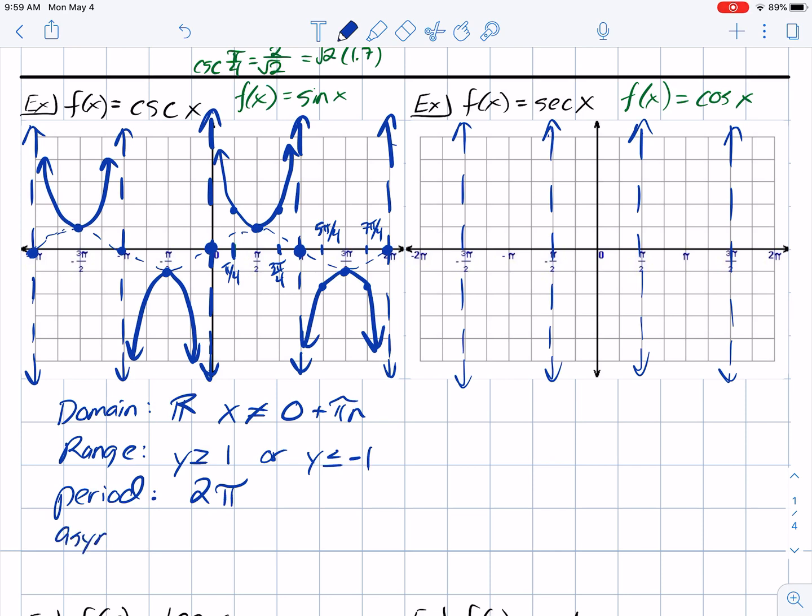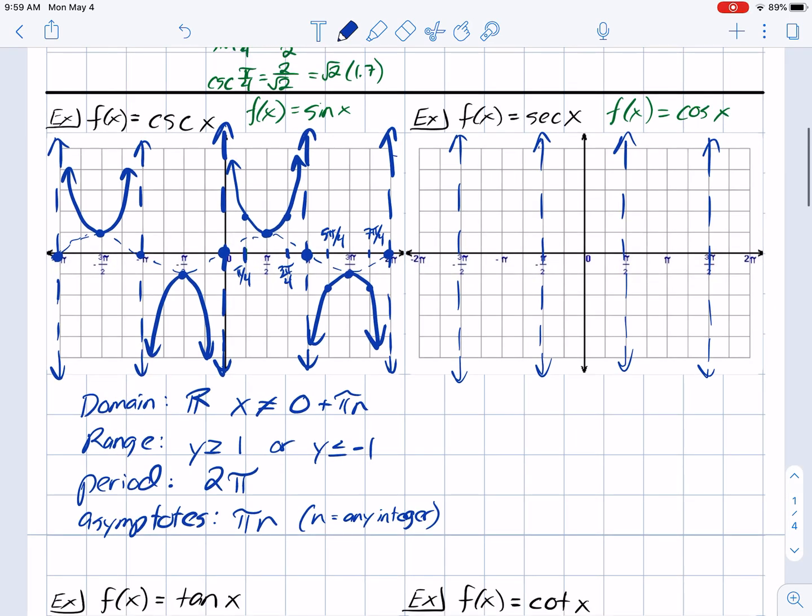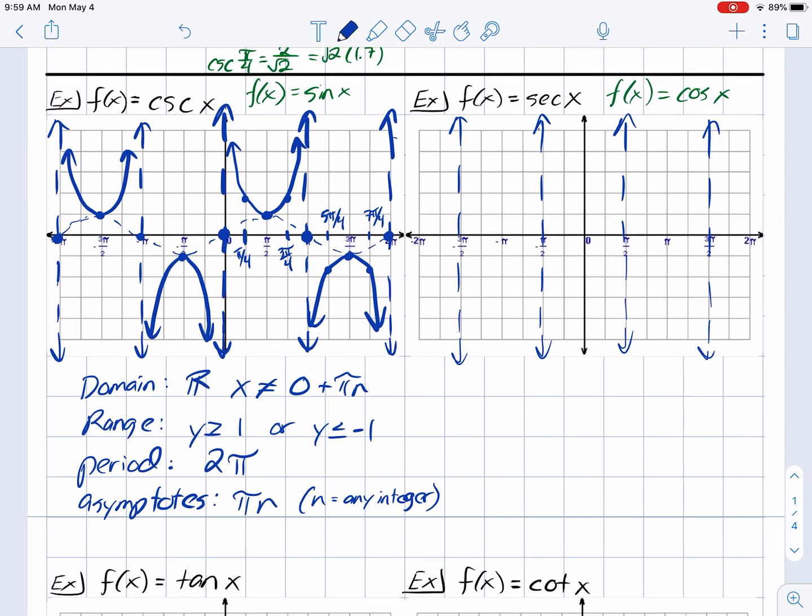So if you want to put the asymptotes, it's the same as the domain. Asymptotes are at pi n, n standing for any integer. Okay, and we'll practice listing the asymptotes again as we continue practicing these graphs.